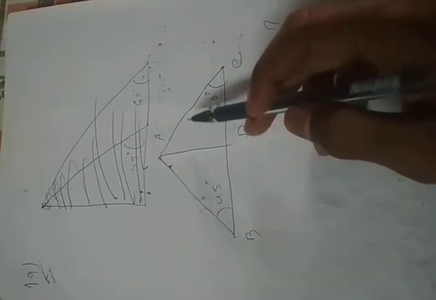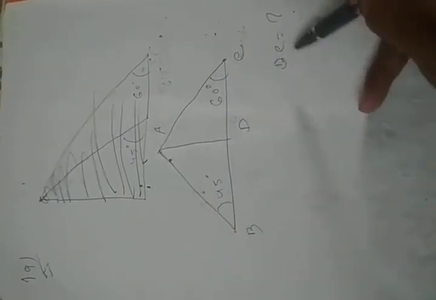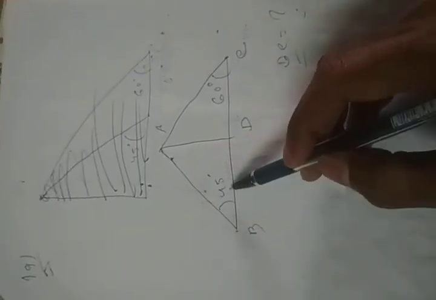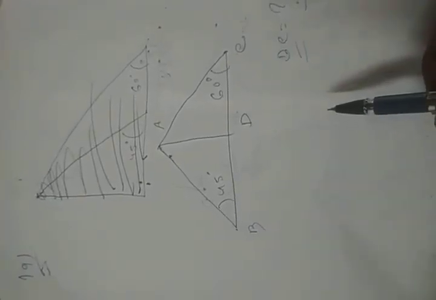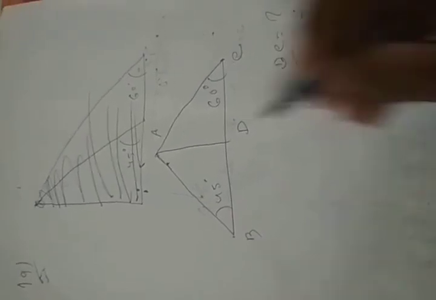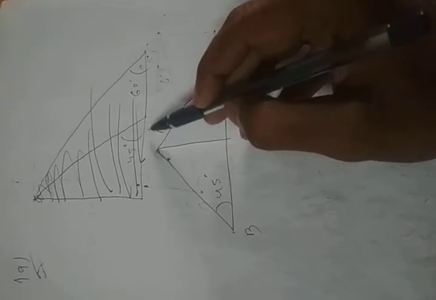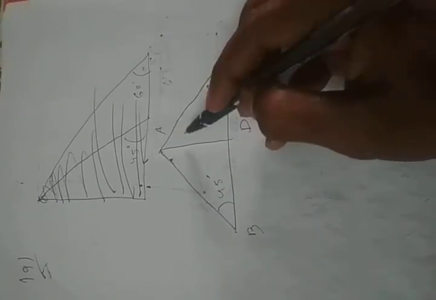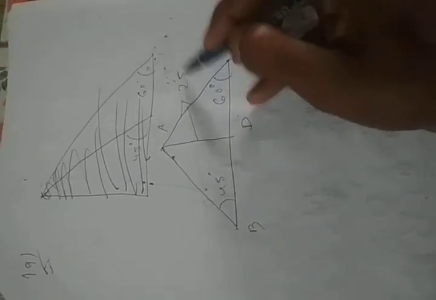Now you have to find the width of the bank, that means you have to find BC. The angles of elevation are given here, 45 and 60 degrees. And the height of the aeroplane from the ground is given, that is 250 meters.